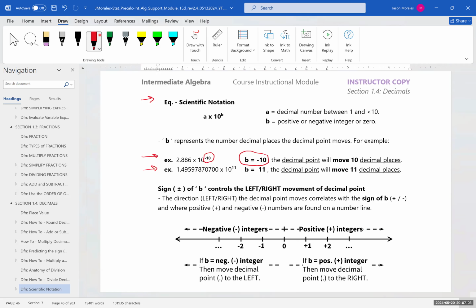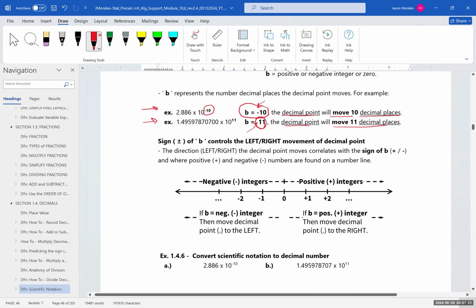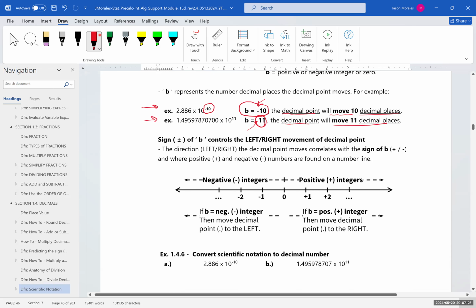And when you've got a negative exponent, the decimal point is going to move 10 decimal places. And here, since B is 11, the decimal point is going to move 11 decimal places. But what we're going to talk about here is what do you do when the exponent is negative or positive? So that's what I mean by the sign of B.